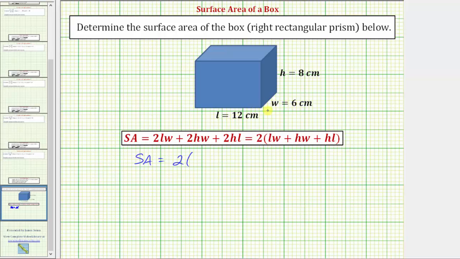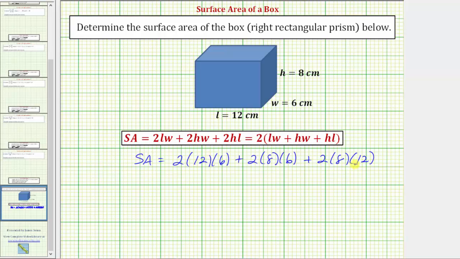We'll leave the units off temporarily, so we have 2 times 12 times 6 plus 2 times the height times the width, where the height is 8 centimeters and the width is 6 centimeters. So we have 2 times 8 times 6 plus 2 times the height times the length, which would be 2 times 8 centimeters times 12 centimeters, or just 8 times 12.